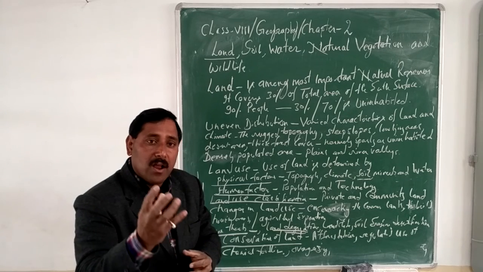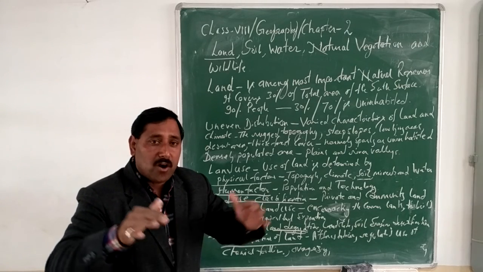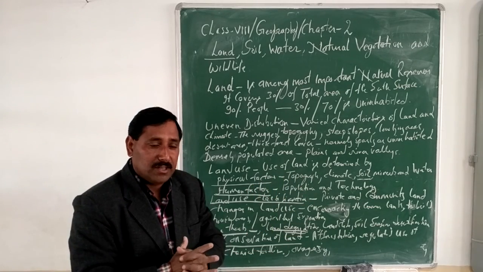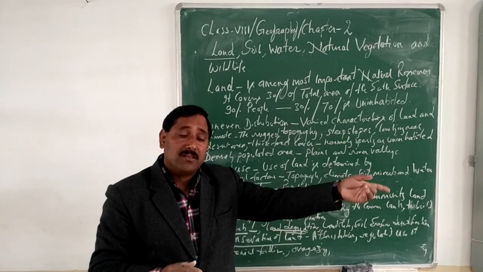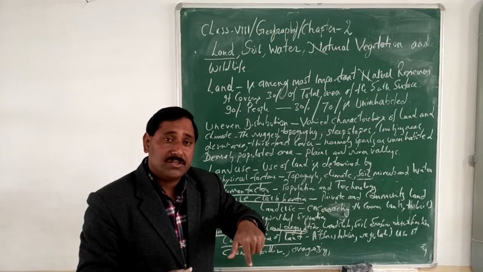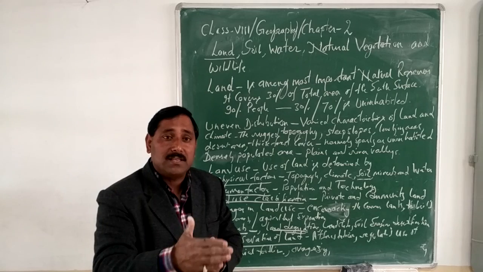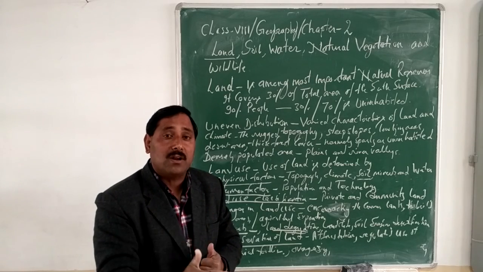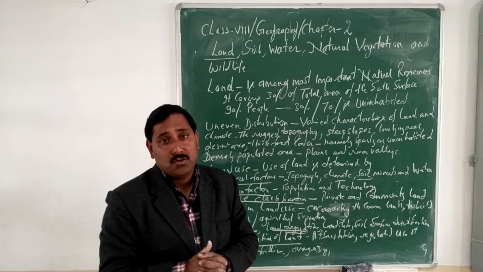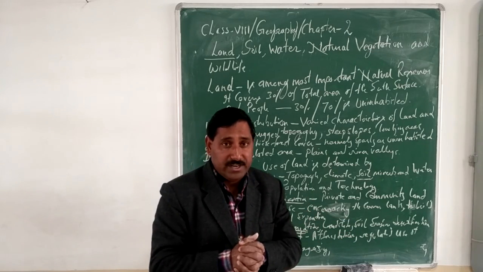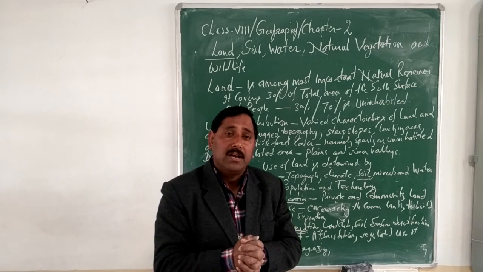Because we have a limited amount of land surface and soil. It is not increasing. It was present millions of years back. The same amount of land surface is there today also. And this land surface, due to various natural and human factors, is decreasing. So it is an alarming factor. It is a threat. We need to think on it seriously.